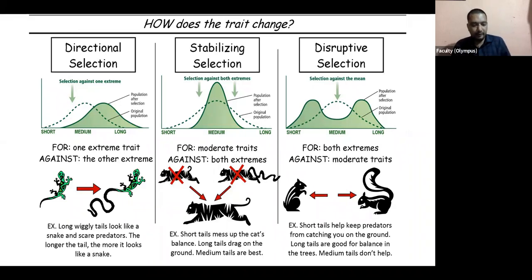I've given this briefly in the handout. Understand this from the image. Draw the image if you want. Directional selection, stabilizing selection, and disruptive selection. So natural selection may be of these three types. What is the difference between directional, stabilizing, and disruptive?